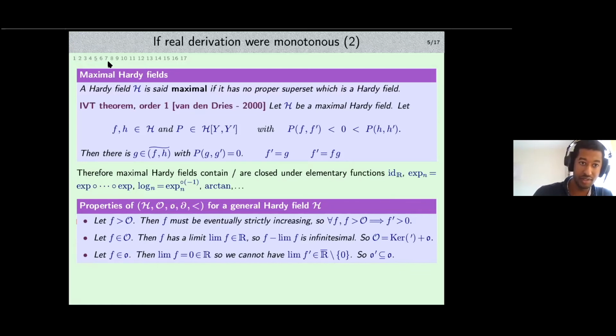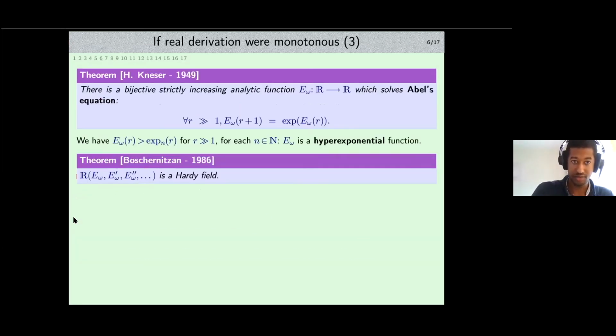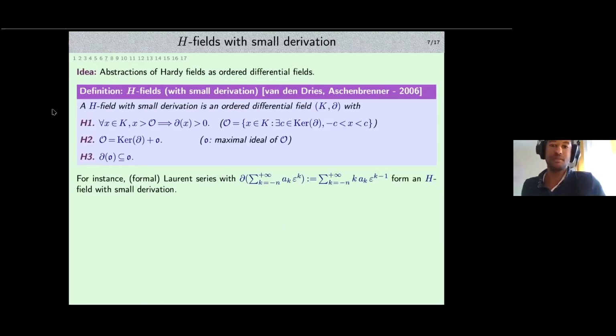So if we abstract those three properties, we can look at differential ordered fields which satisfy those abstract properties. So those are called H fields, with small derivation. I will most of the time just say H fields. Those were defined by Van den Dries and Aschenbrenner.